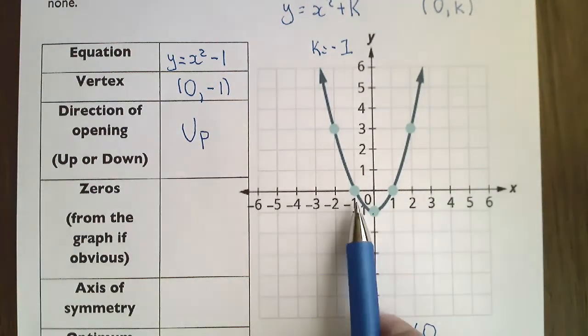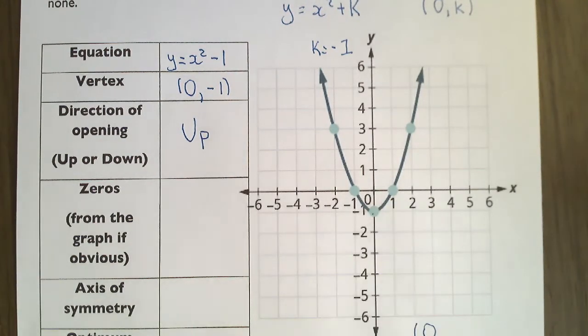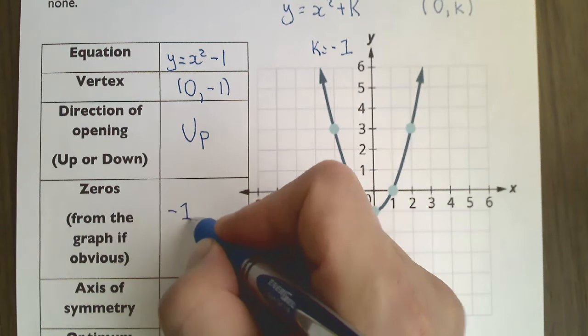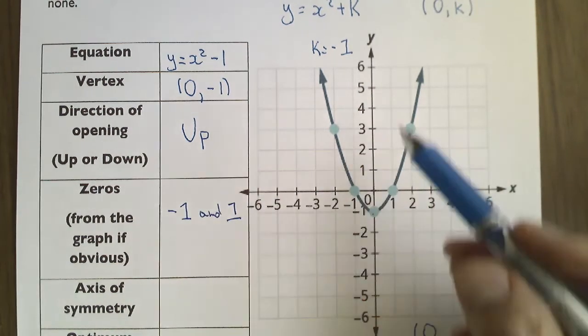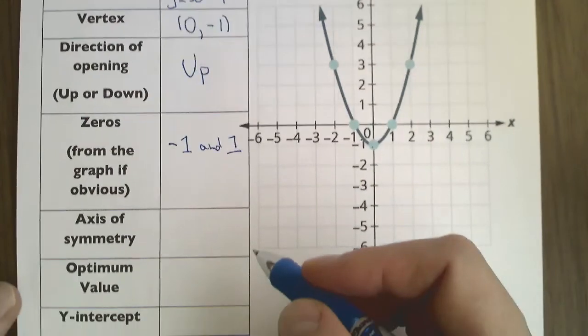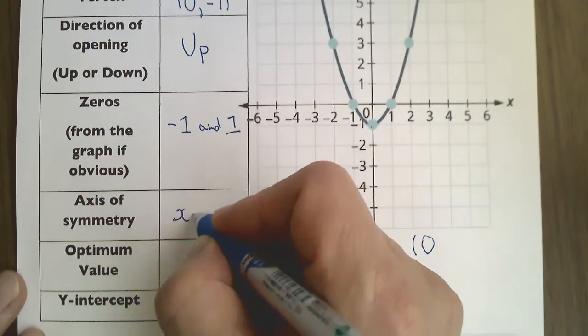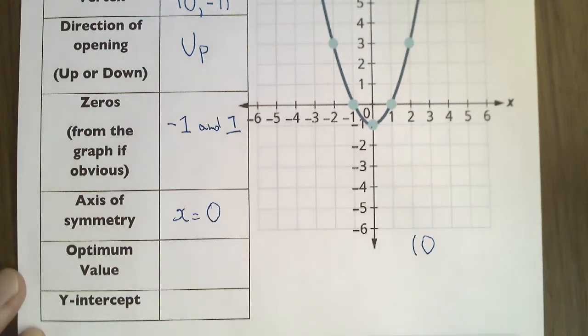Zeros, I can clearly read them from this graph. They are -1 and 1. The axis of symmetry is x equal to 0. So as we can see, the axis of symmetry does not change after application of the vertical translation.